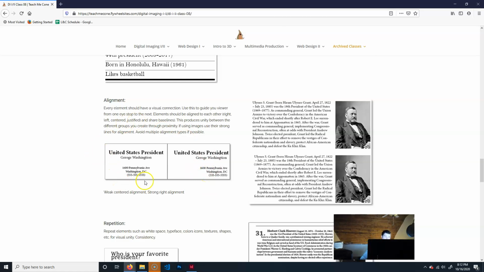Now, this has two ragged edges. This has association, like, okay, these two elements go together, and these three elements go together. That makes sense, right? Same thing here. But these do not necessarily have any association with each other. When you use alignment, it helps the eye draw from one element to the next, and you also assume that those elements are associated with each other.